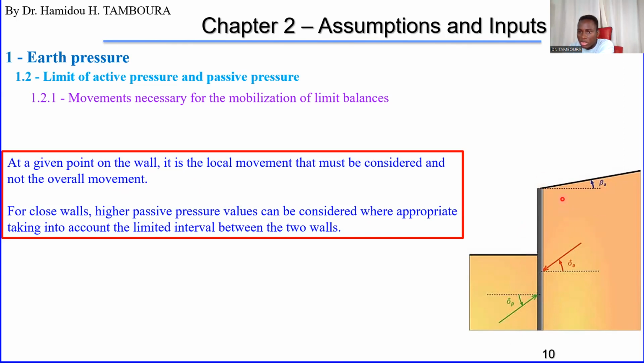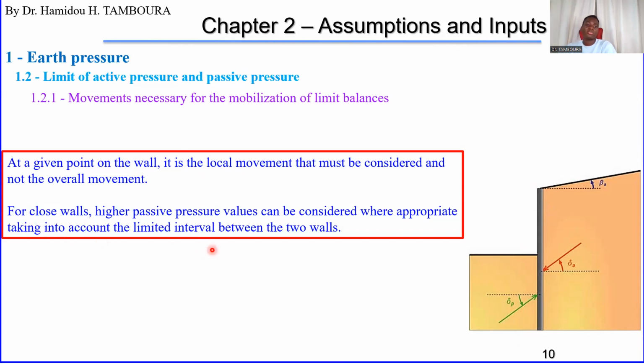And if only around here the movement is enough, then around here the pressure will be mobilized. So this is the meaning. We are not considering the whole movement, but localized movement.